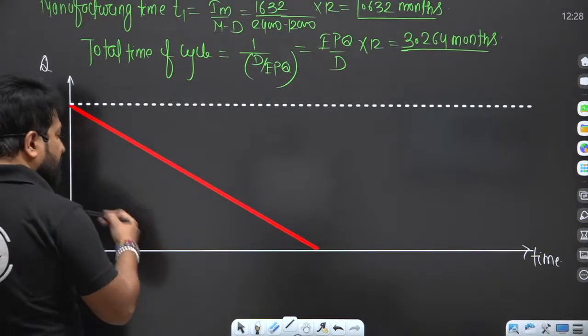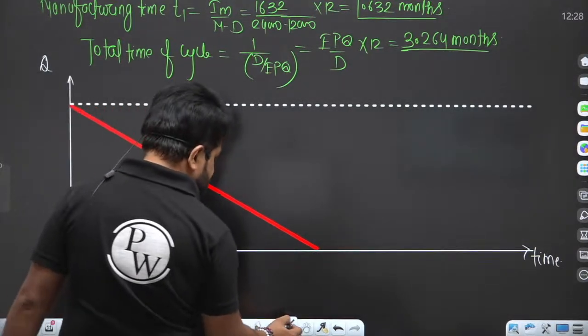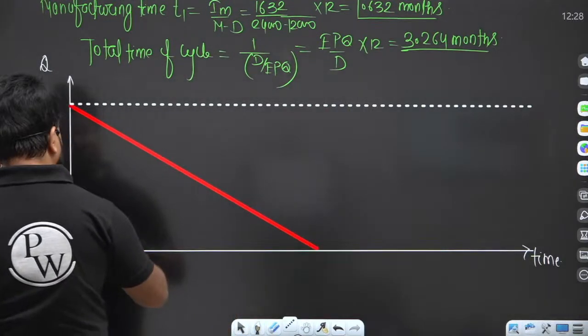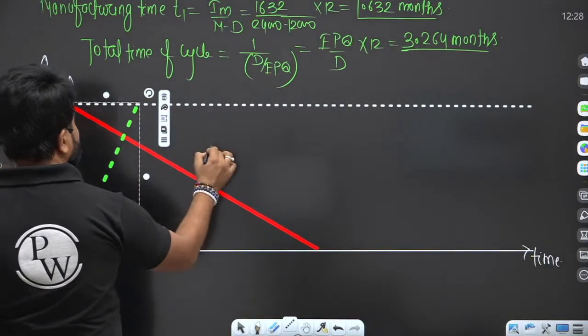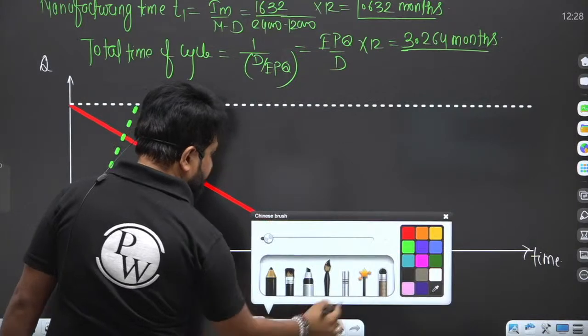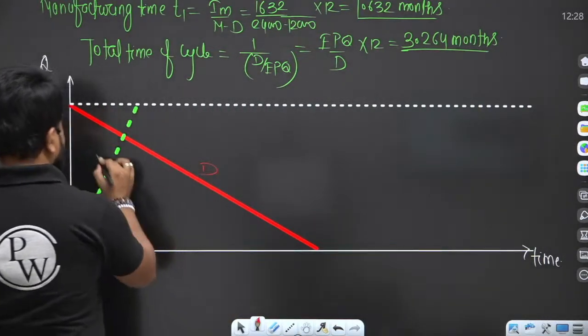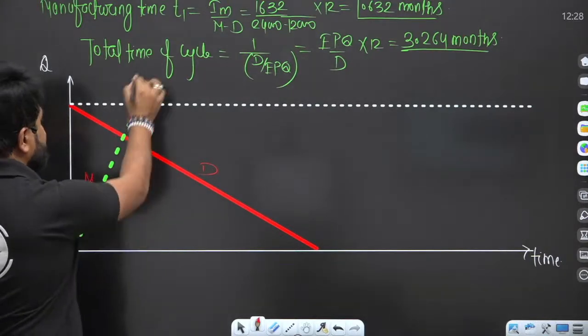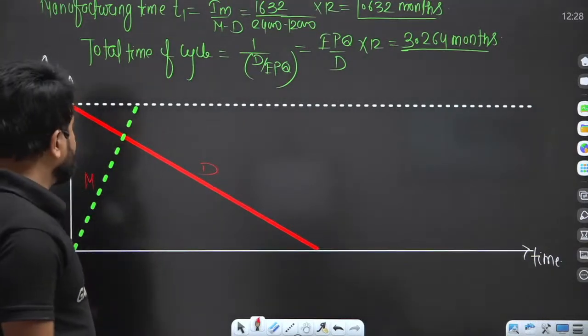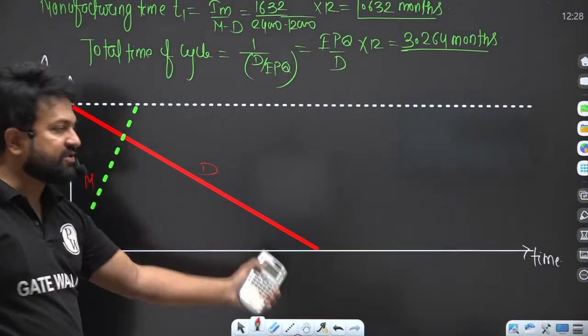Suppose you are only going to manufacture, then this thing will happen. This is the demand. If you only manufacture, then this will be the thing. But along with the manufacturing, consumption is also there.